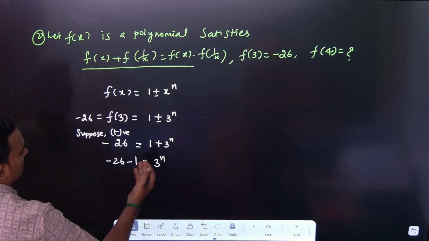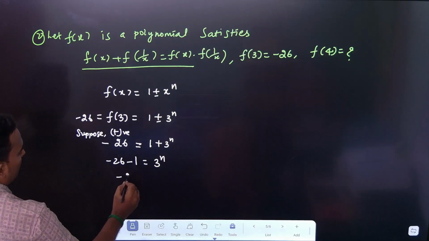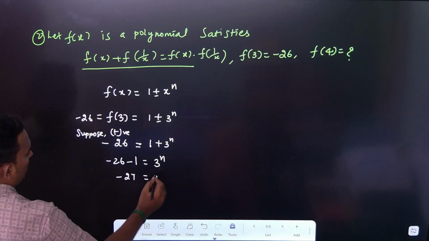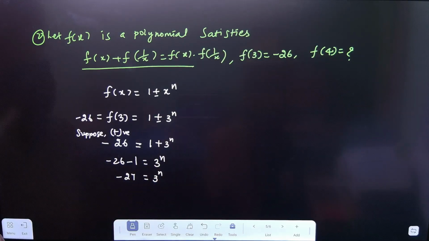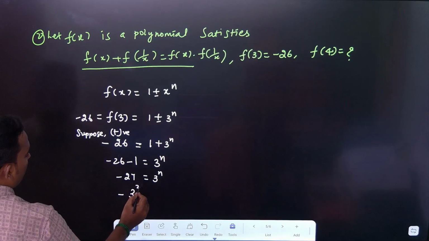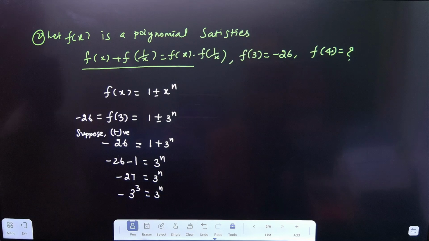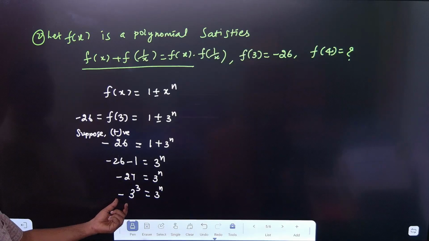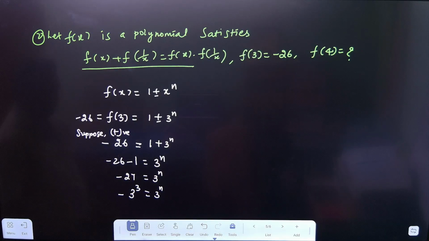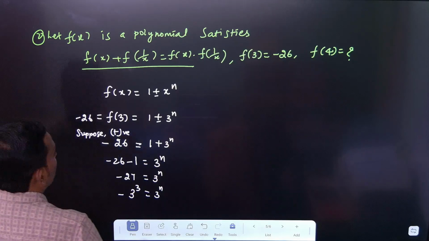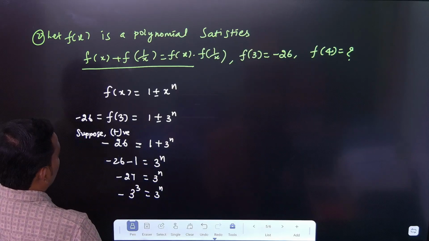Minus 27 is equal to 3 power n. But here minus 3 power 3 we can write as 3 power n. So you can choose here x is 3, understand? But these two are not the same here, right? So this is not possible. The positive part will not be satisfied.